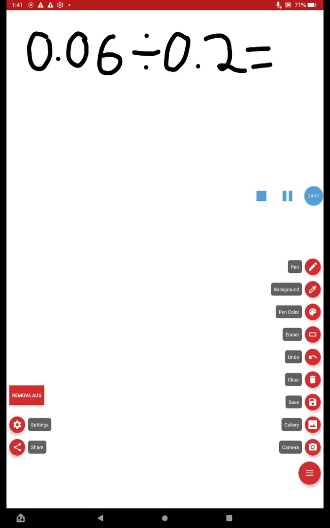When I rewrite this problem as a fraction, the dividend goes on top of the fraction bar. In fact, I'm going to write it over on the side. The divisor goes underneath.